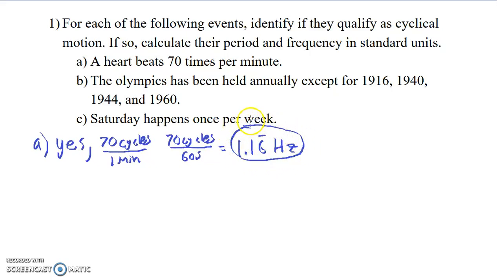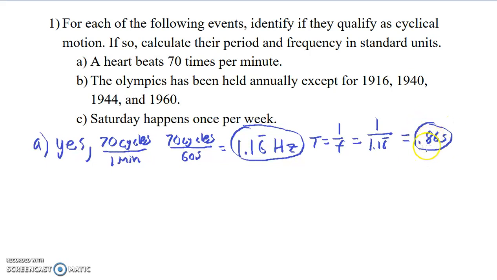Now, to get the period, it's fairly straightforward. We just need to plug it into the equation, and we're going to use the period is 1 over the frequency. So we just do 1 over the frequency, and we're going to get out the period. So the period is 0.86 seconds.